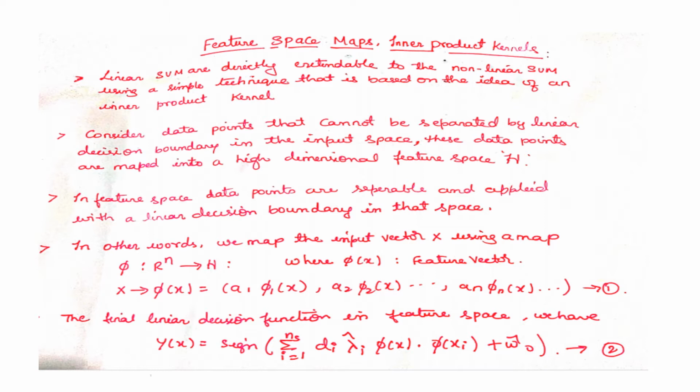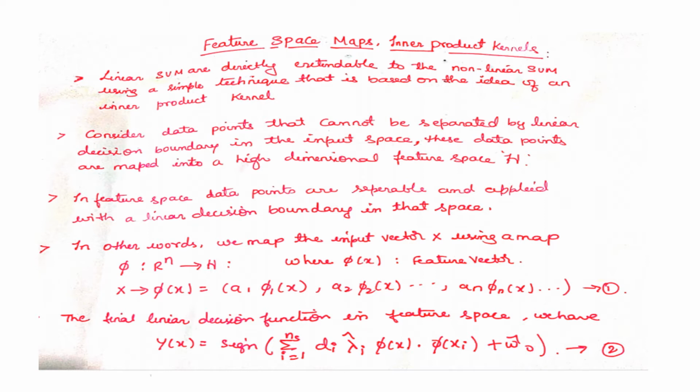Consider, for example, data points that cannot be separated by a linear decision boundary in the input space. These data points are mapped into a high dimensional feature space, denoted by H. In feature space, data points are separable with a linear decision boundary in the H space.